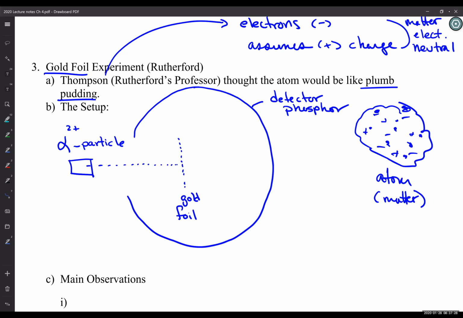They expected all the deflections to be within a certain range, and they were expecting to see most of it go straight through. And this is what happened. Most of it did go straight through, but there weren't a lot of little deflections. Basically, most of it just went straight through.